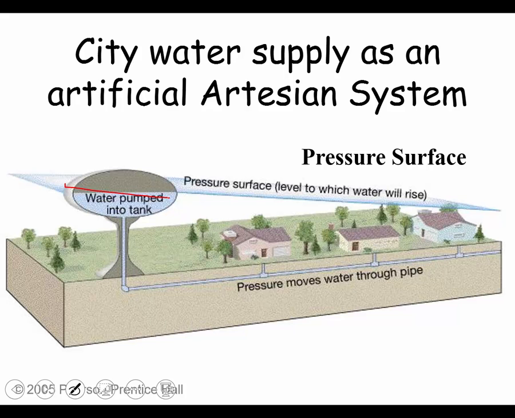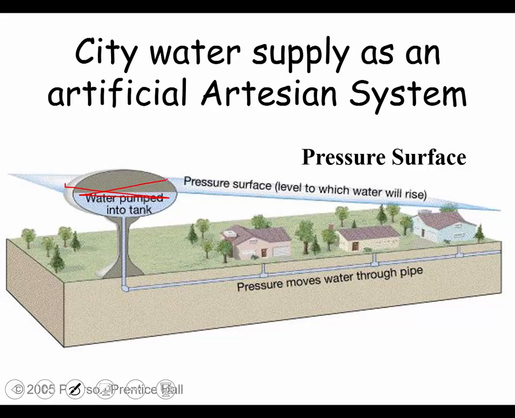The level of the water in the water tank represents the maximum potential energy. And so water could rise up to that point. Now, in reality, it doesn't, because as it flows through the pipes, the water will rise to a surface not quite the same as the elevation in the tank because of resistance and loss of energy because of friction.